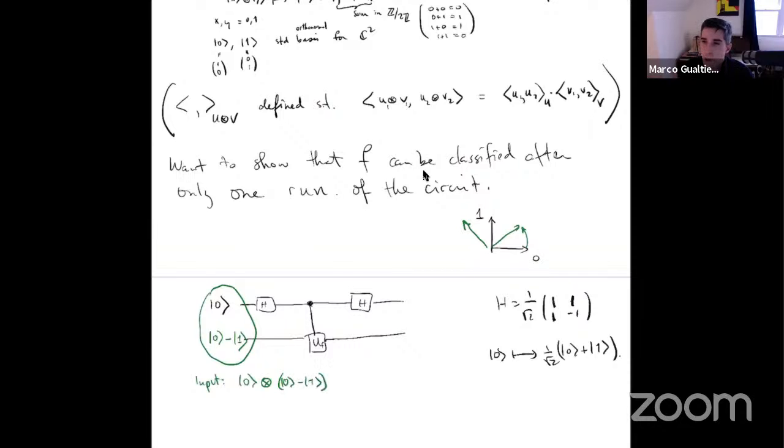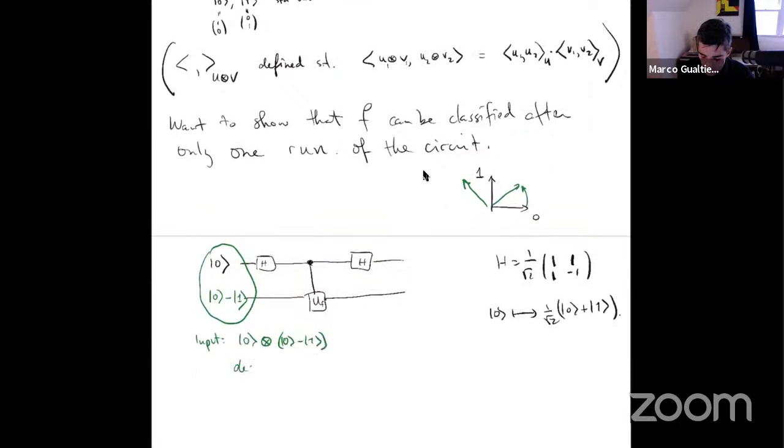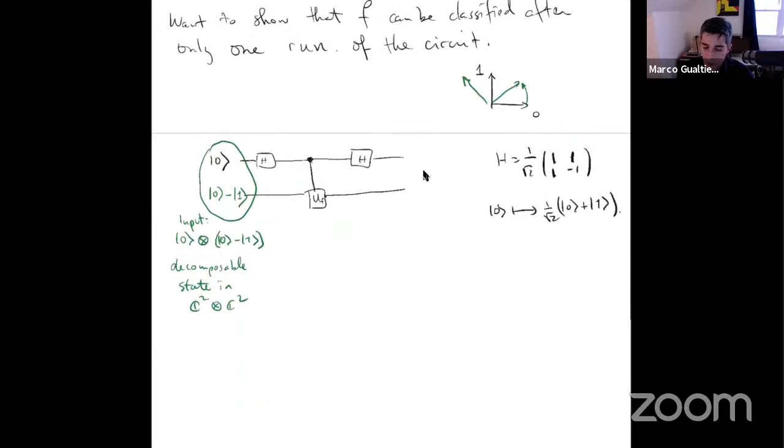It is a decomposable state in C2 tensor C2. Okay, so it is a tensor product of vectors, one in the first vector space and one in the second vector space.